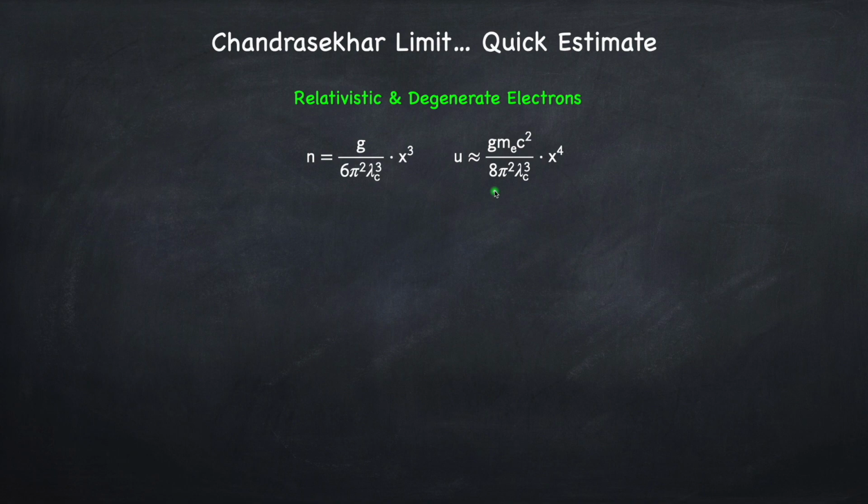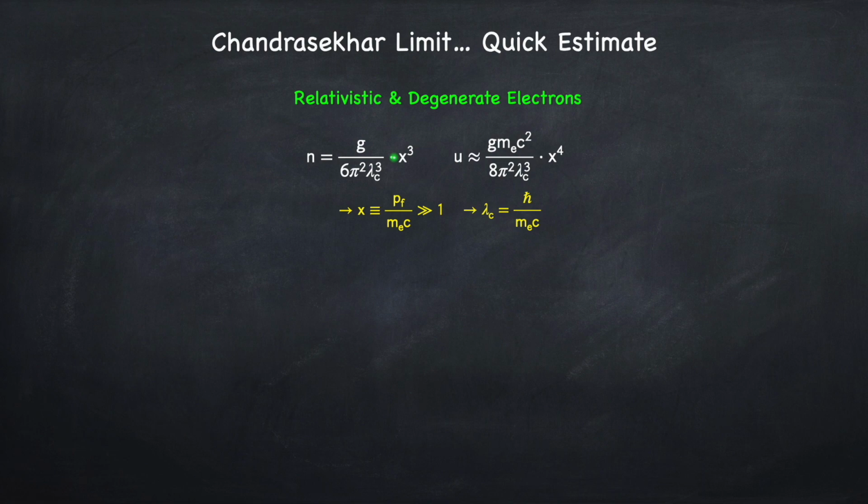To remind you what some of these variables are, g tells you how many particles you can put in a given energy state. In the case of electrons, g is going to be 2 because it has a magnetic moment that can either be pointing up or down, so that's 2 configurations for each energy state. x is what's called the relativity parameter, and it is equal to the Fermi momentum divided by the mass of the particle, in this case electron mass, times the speed of light.